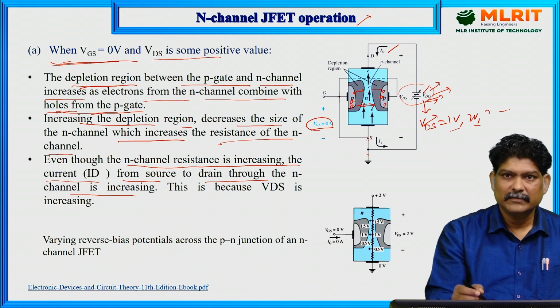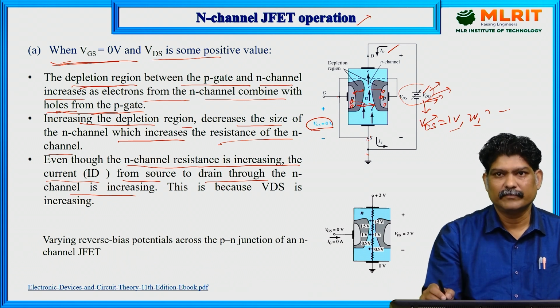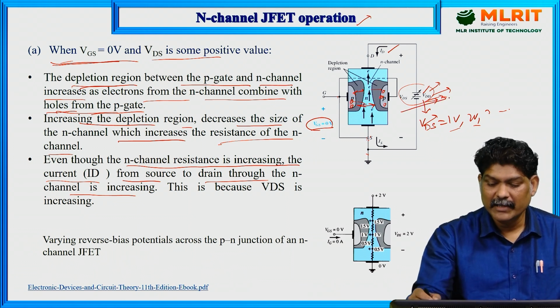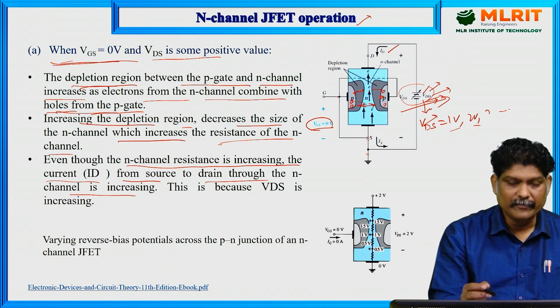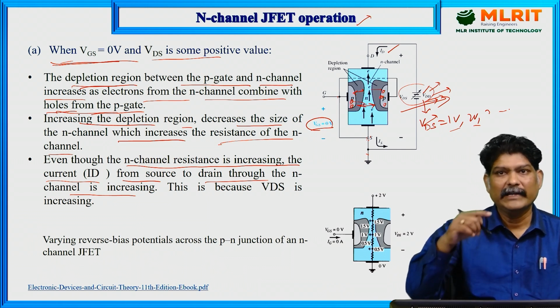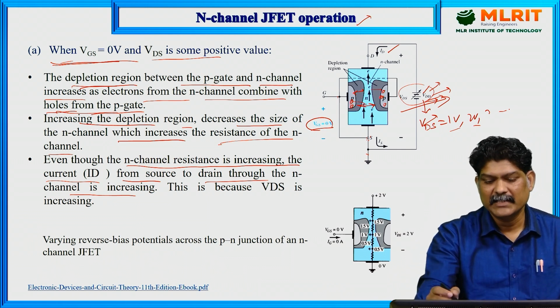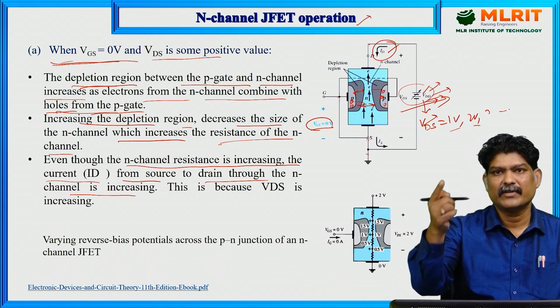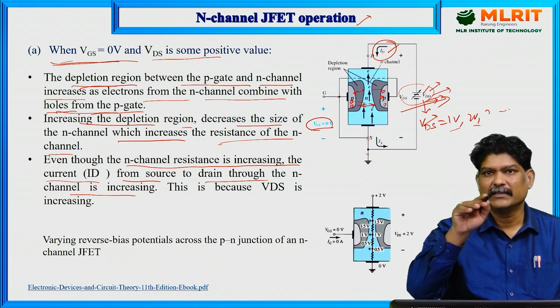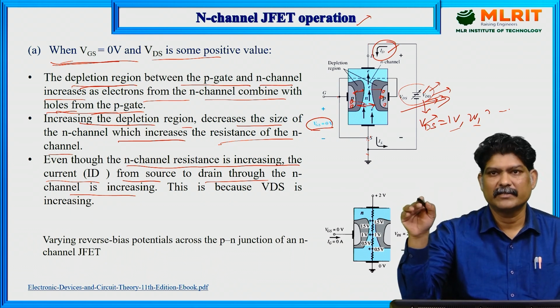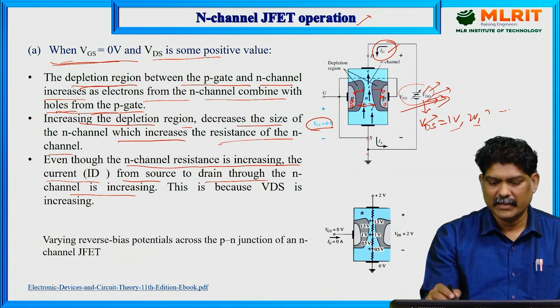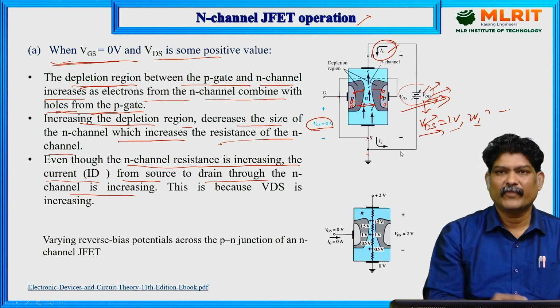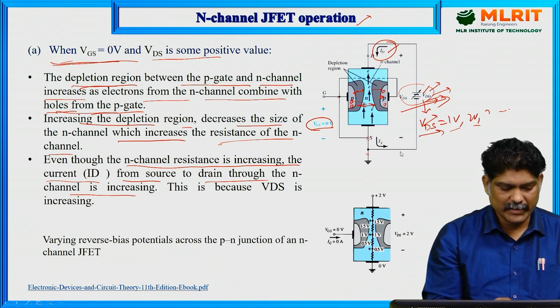But it does not fall to zero because we are continuously giving the drain-to-source voltage. So it reaches some saturation level, and after that the drain current is constant even if you further increase the drain-to-source voltage.